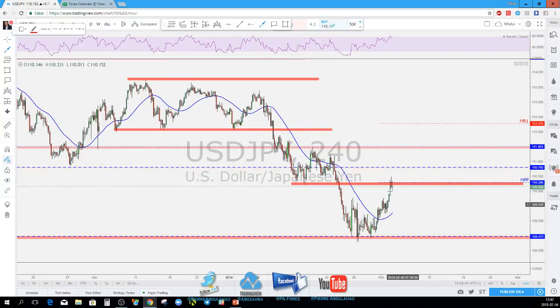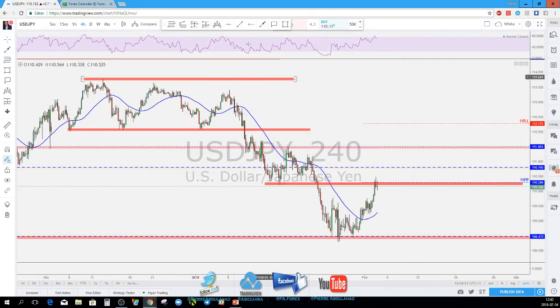I still see that 108.50 is an important level to go long from, and that we may see some rejection here. The deeper the better, and try to go long.